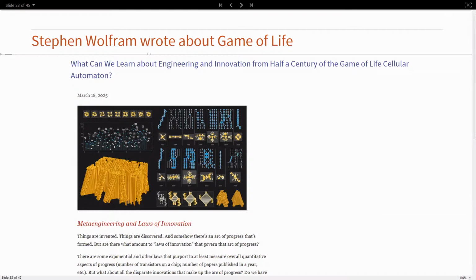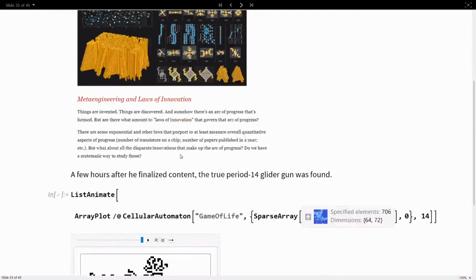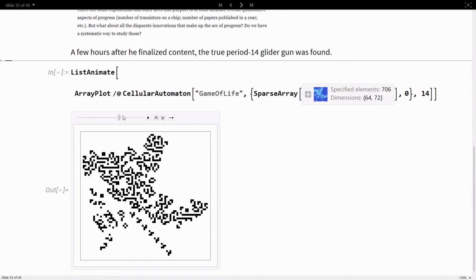And as I mentioned at the start, Stephen Wolfram recently wrote about the game of life. He was interested in talking about how the evolution of game of life and the different tools that they came up with were able to help with building objects, larger objects within the game of life. And shortly after he finalized content on Monday, this period 14 glider gun was found.